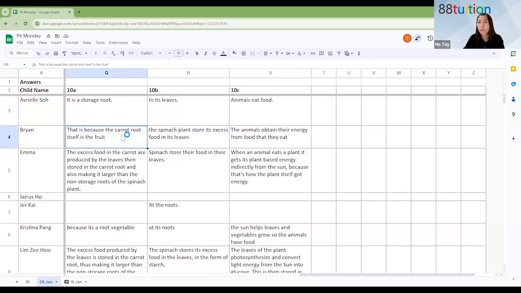Brian, the carrot root itself is the fruit. You have to elaborate what you mean. Usually plants will have all the excess sugar being stored in the fruits. So in this case, the carrot root is like the fruit, but you have to elaborate further. You have to say that there's a lot of excess food being stored as starch there, because this is the storage root or carrot root.